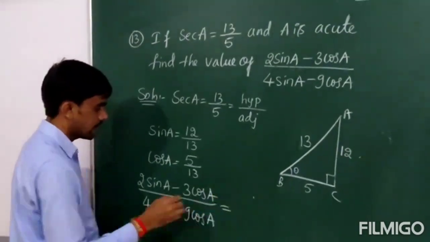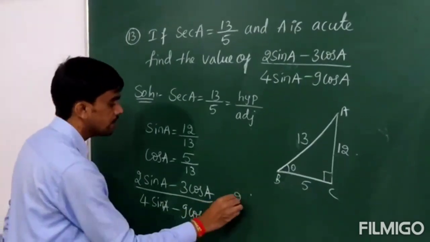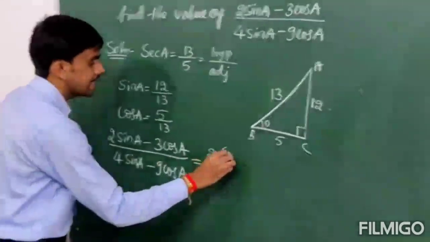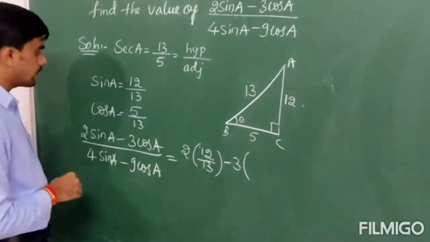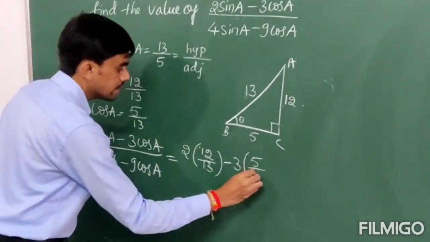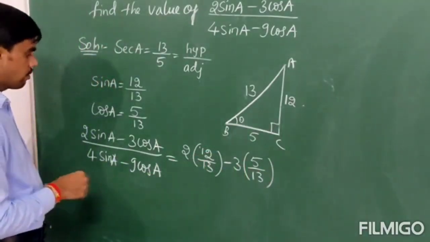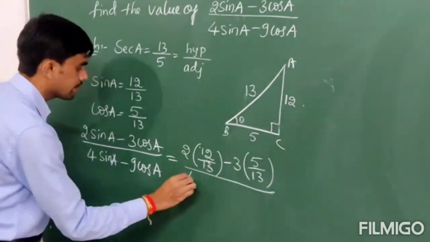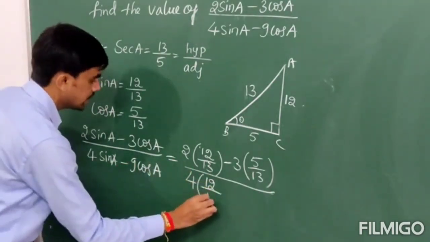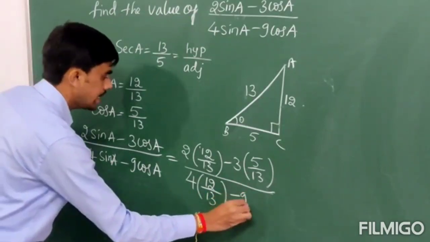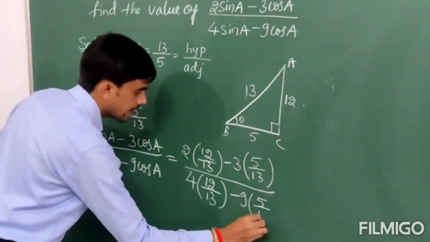So 2 into the value of sin A, 12 by 13, minus 3 into the value of cos A, 5 by 13, whole divided by 4 into sin A, 12 by 13, minus 9 into cos A, 5 by 13.